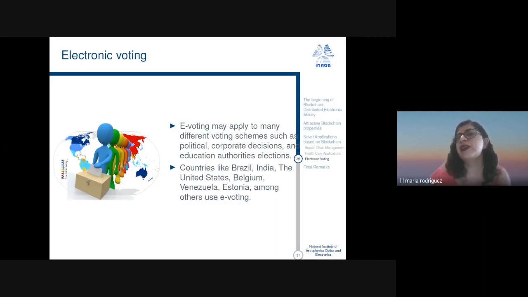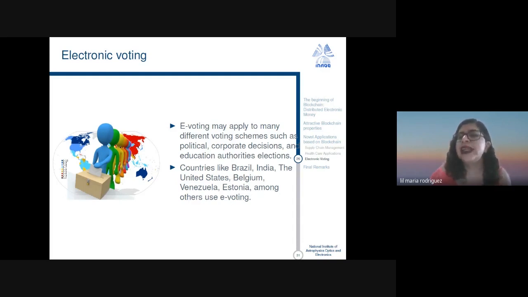First of all, we have to think that e-voting may apply to many different voting systems, such as political, corporate decisions, or education authority elections. And indeed, e-voting is used already in many countries like Brazil, India, the United States, Belgium, Venezuela, Estonia, among others.